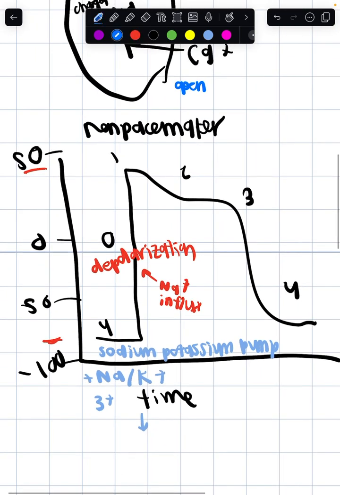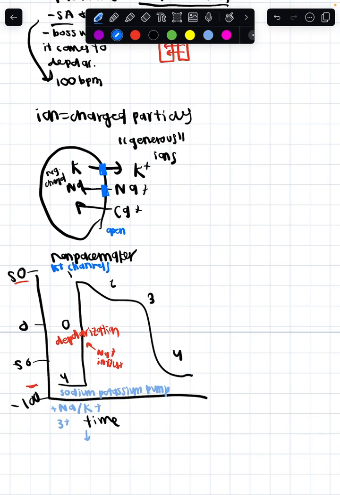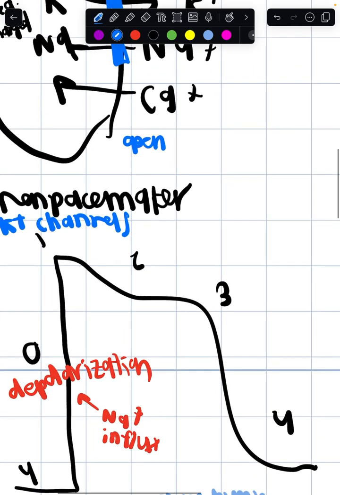So when you get to the top here, our potassium channels open. And so we get an efflux because remember we have more potassium inside the cell than outside, so that potassium is going to rush outside of the cell, which is going to bring us back down because we're losing a positive ion. But instead of just immediately going back down, we actually at this point open a calcium channel, which slows down this progression.